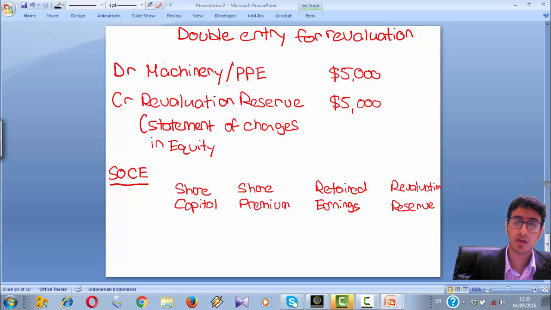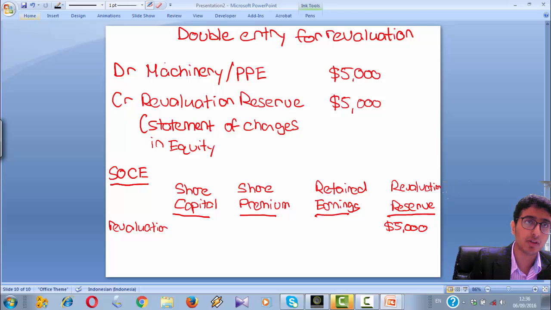The statement of changes in equity looks like this. Now I will have a revaluation, and in my revaluation reserve I will have a positive amount of $5,000. This is what it will look like in the statement of changes in equity.